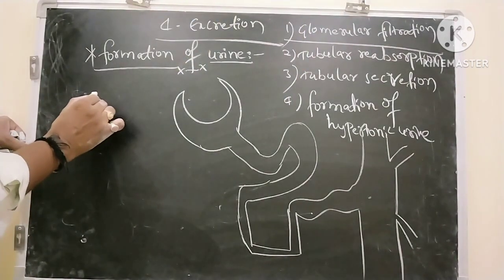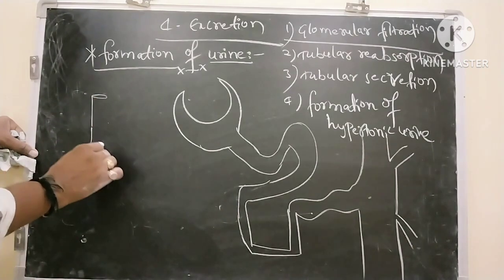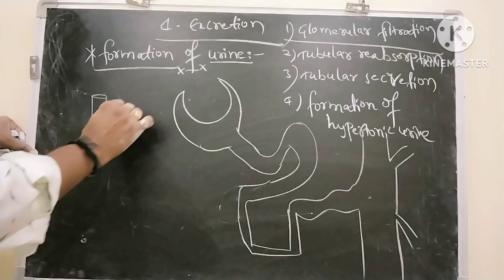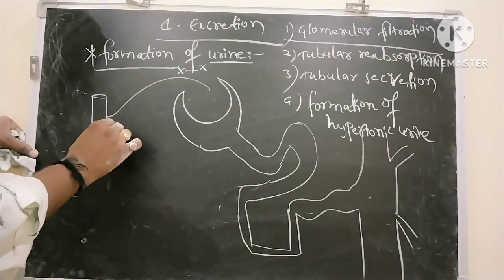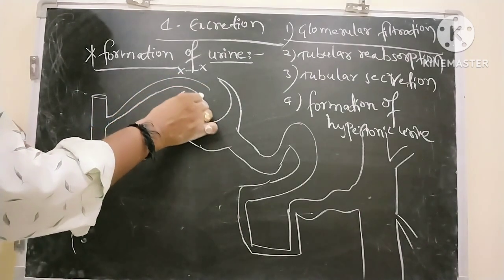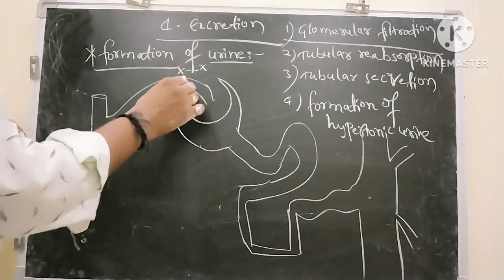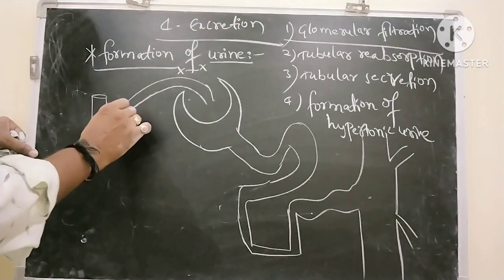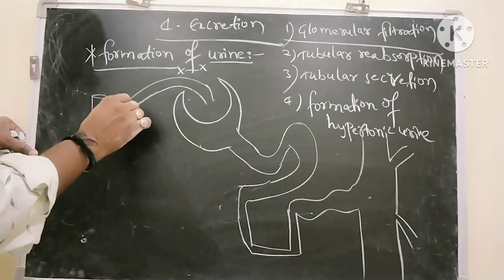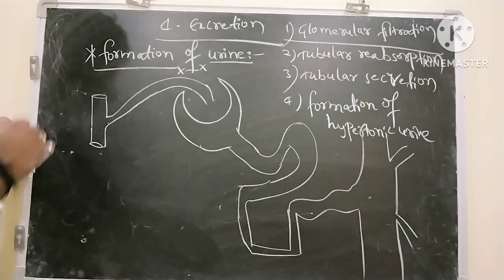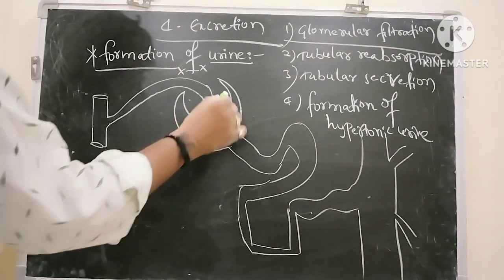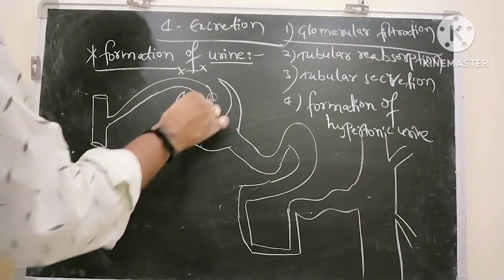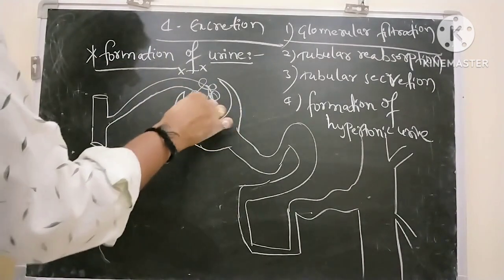Renal artery loaded with useful substances, waste molecules and waste water enters into Bowman's capsule and transformed into a bunch of fine blood capillaries.